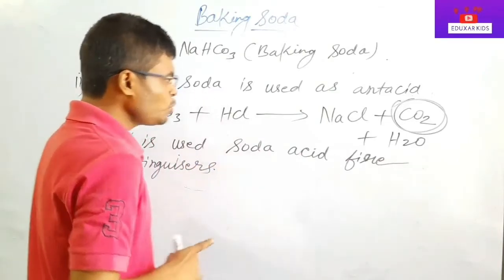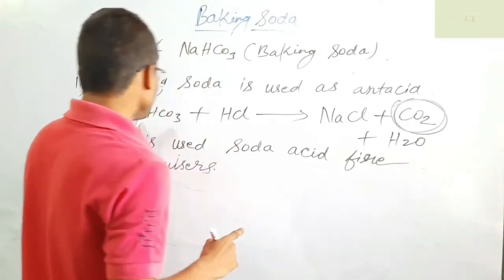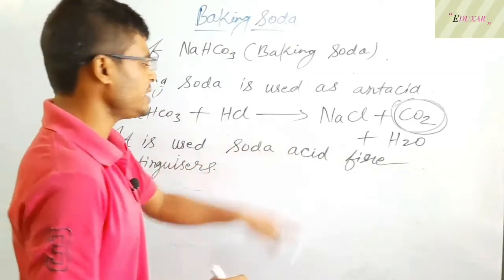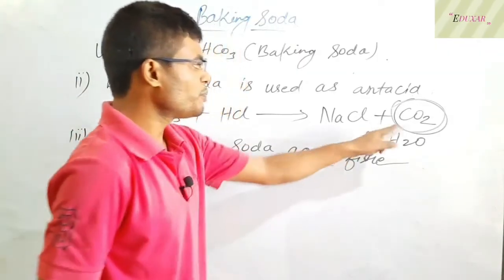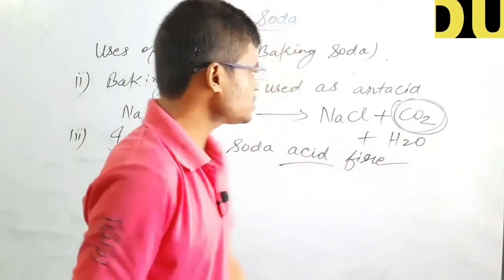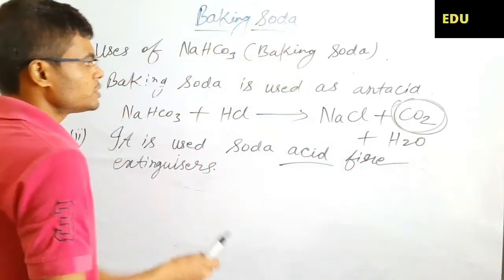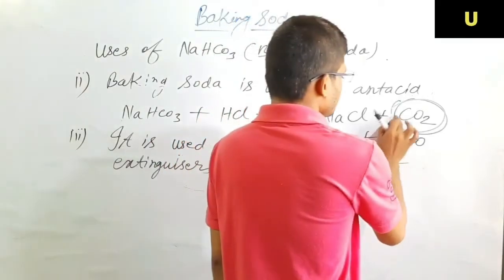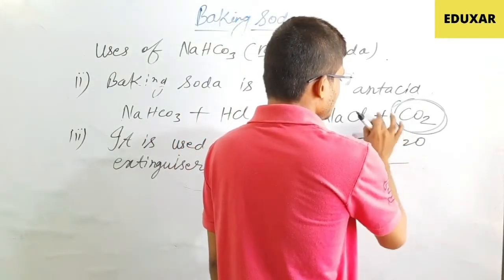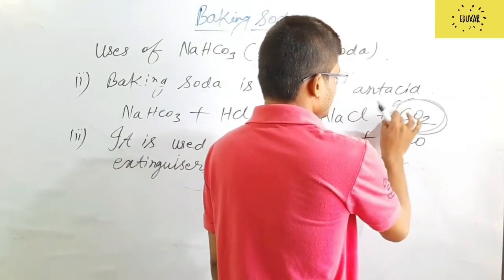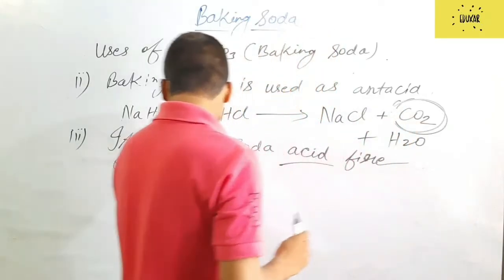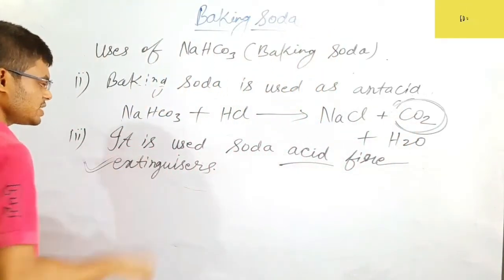Okay, you must observe that whenever baking soda reacts with any acid, it produces CO2, and CO2 counteracts the effect of the heating or the fire, so that is used in the fire extinguisher.